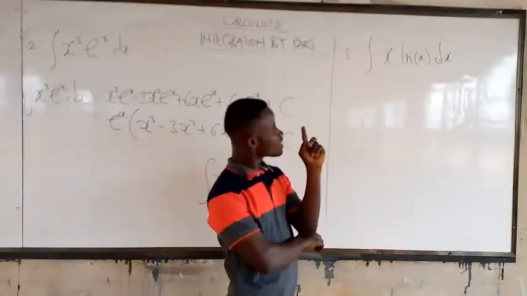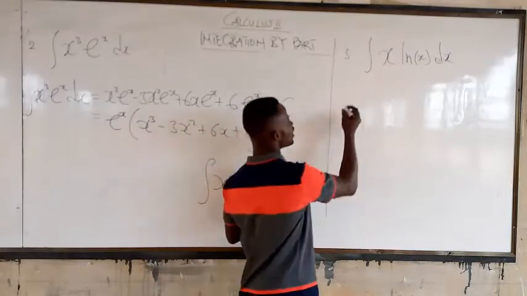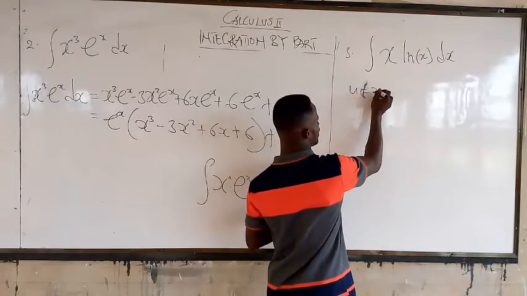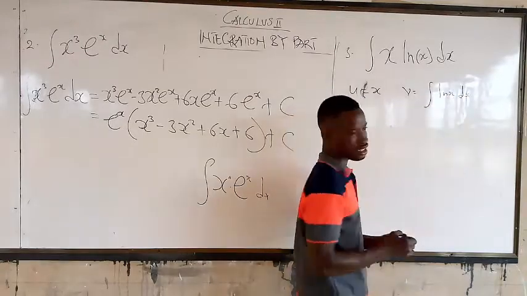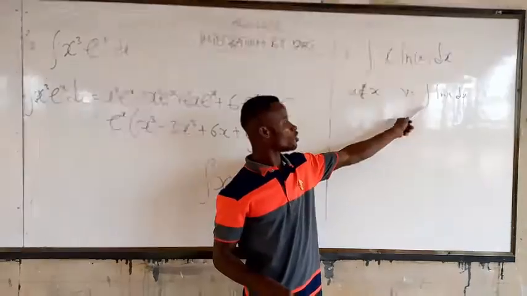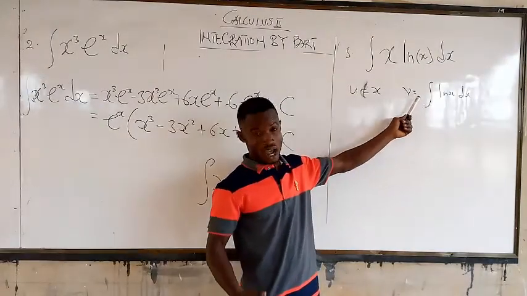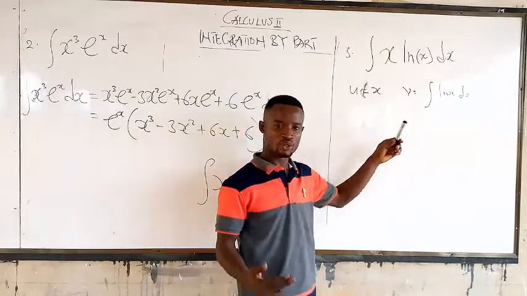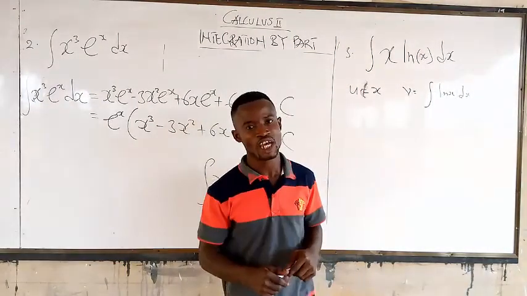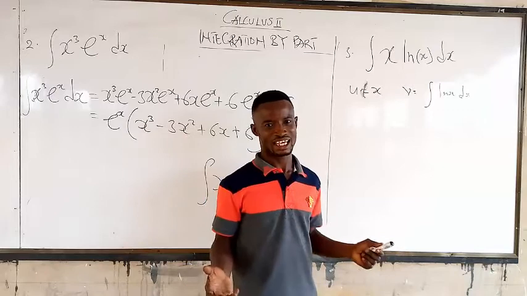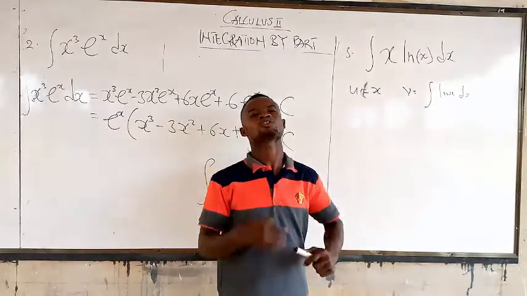So if we set our u to be s and the rest become v, we will suffer here, because we don't know that. And even if we know, the integration and the derivative is not going to be better. Even though it is good that you can differentiate s, it will not be better for you.